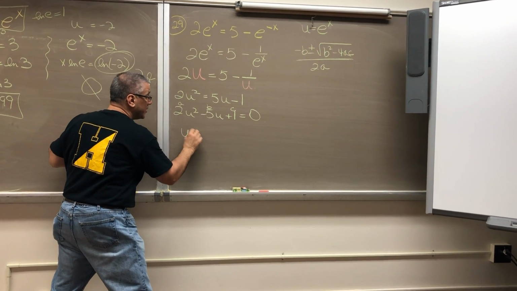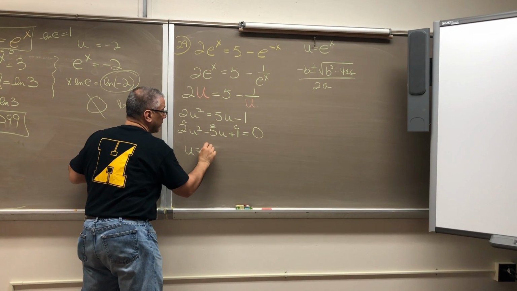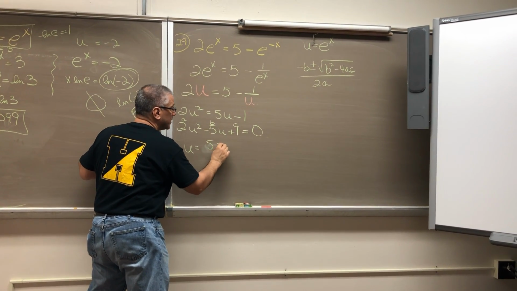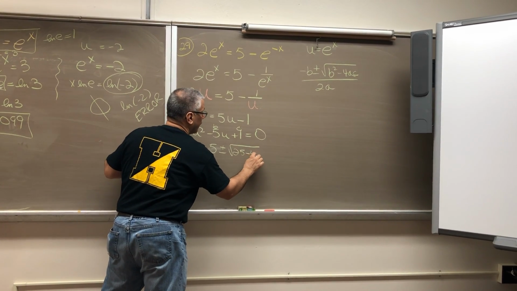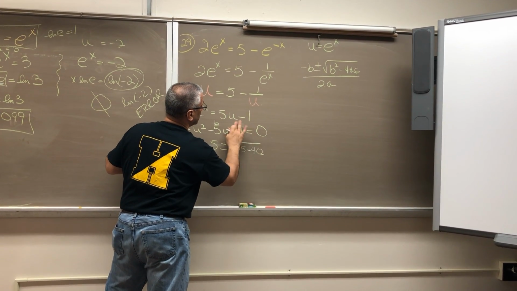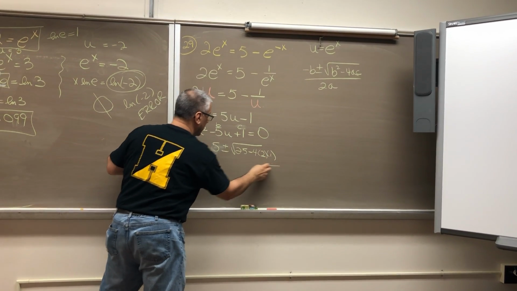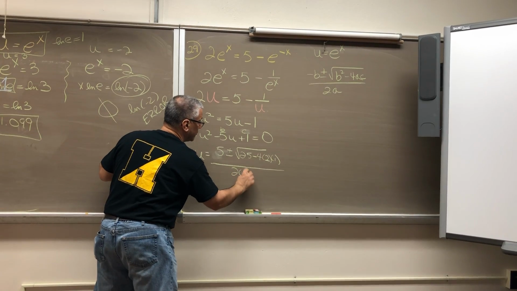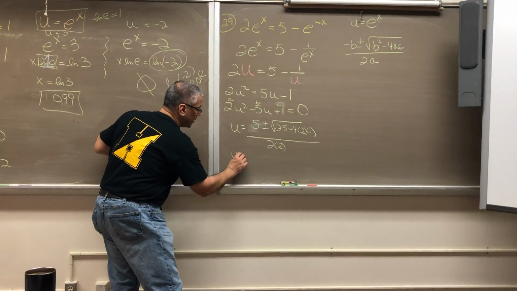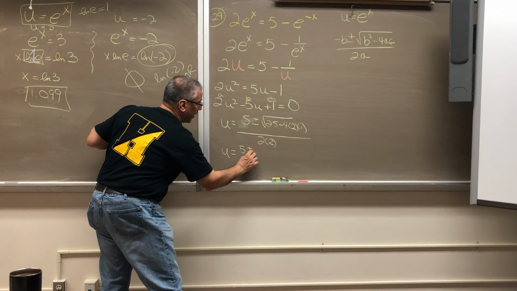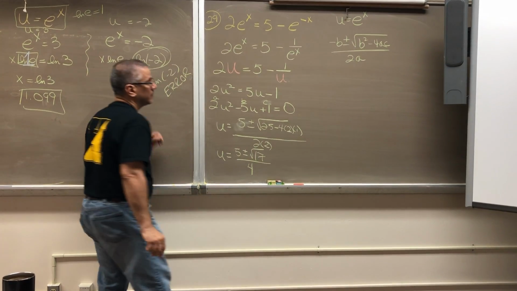So u is equal to 5 plus and minus the square root of 25 minus 4 times 2 times 1, all over 2 times 2. So that gives us u is equal to 5 plus and minus the square root of 17, all over 4.